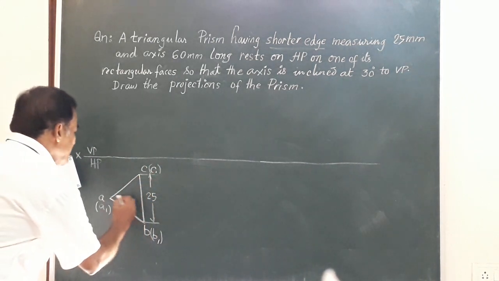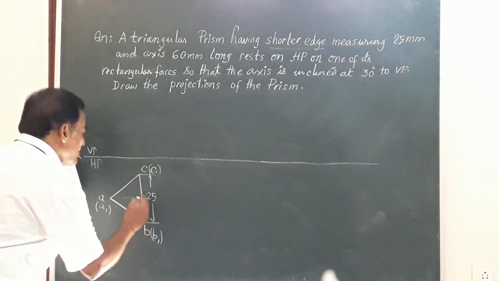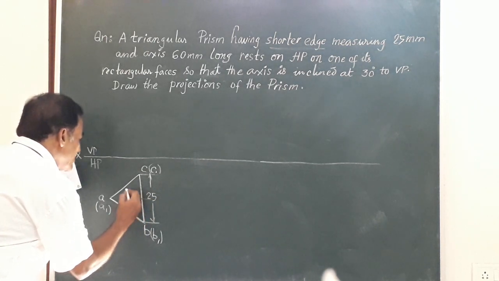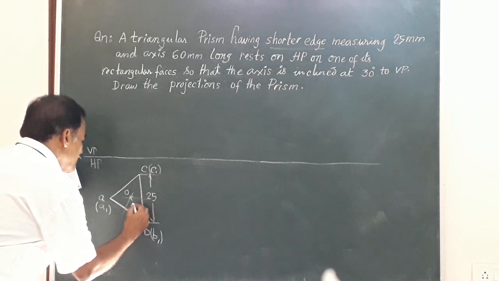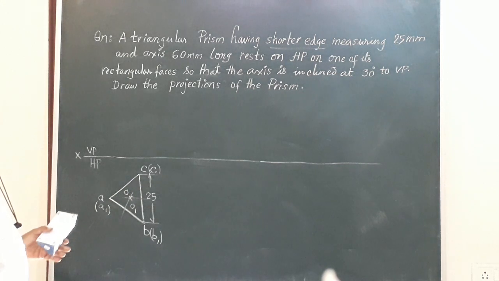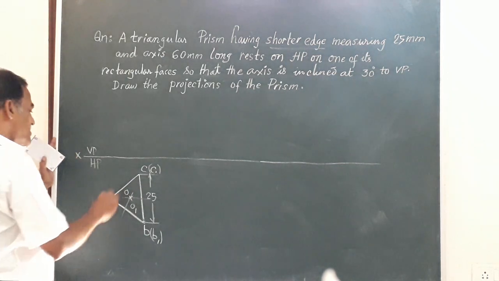As usual, locate the center of the solid by bisecting any two adjacent sides. And this is how we get O, O1, the center of the top and the bottom face. So let us get the front view of the solid.